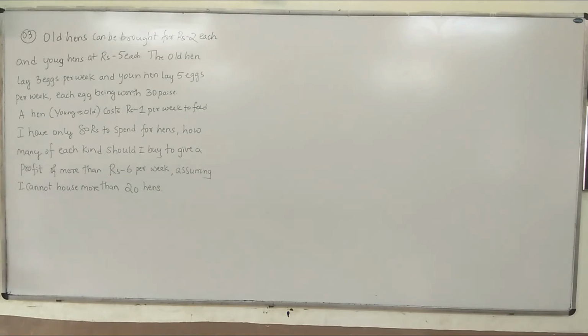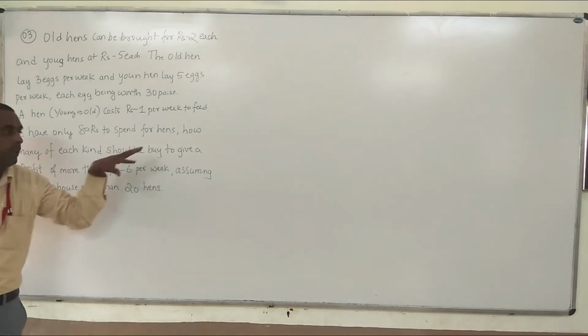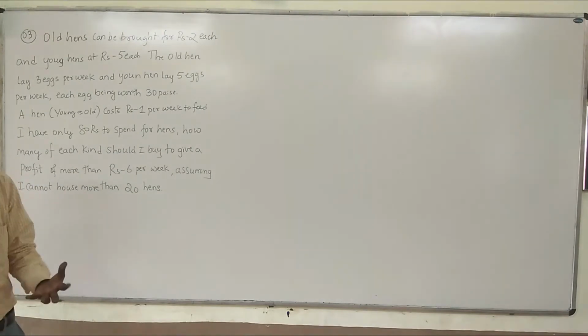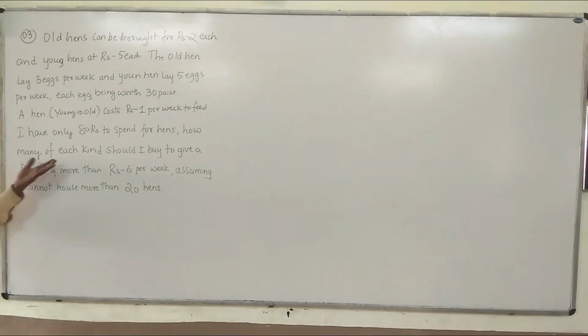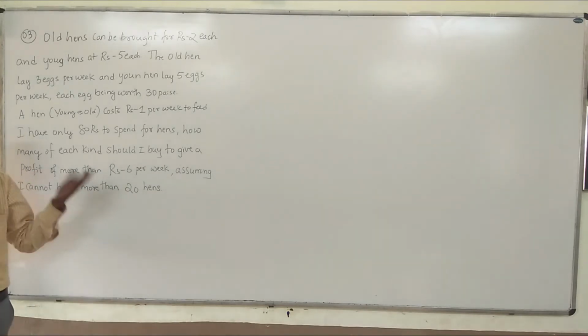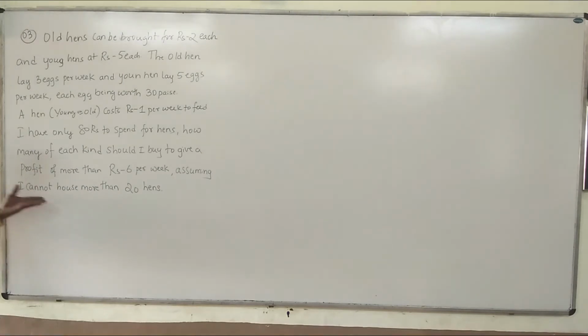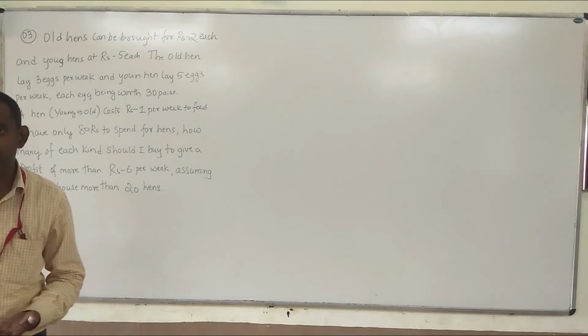I have only 80 rupees in my pocket to spend on the hens, that means I want to buy the hens. So how many old and young hens should I buy so that the profit is more than 6 rupees per week? But the condition is that I cannot house more than 20 hens.